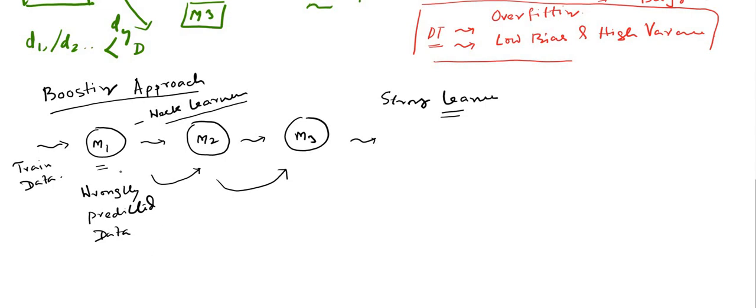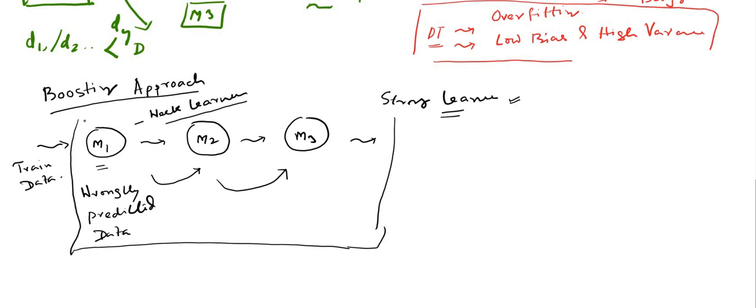You build a model, pass whatever wrong information to the next model, and so on, and you build a strong learner. This complete thing will be your strong learner, and this will be your final model or final output.